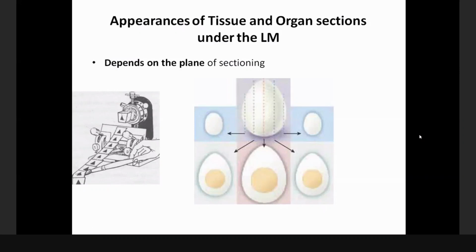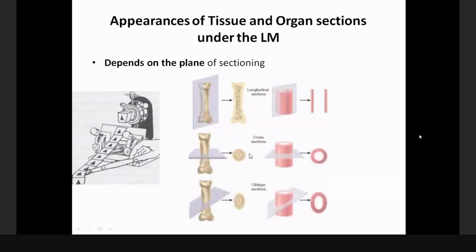I will show you another slide like this. Look at this. This is the same bone, just one bone. If you cut it longitudinally along this plane, it will appear in the histology lab like this. If you cut it in cross section, it could appear like a ring. If you cut it obliquely, it can appear oblique.